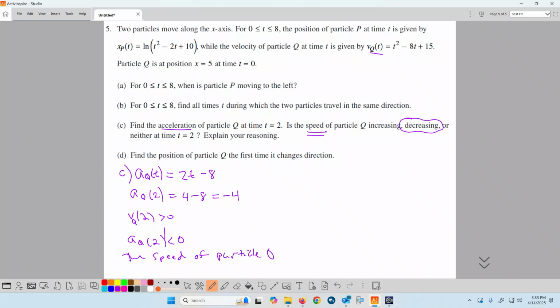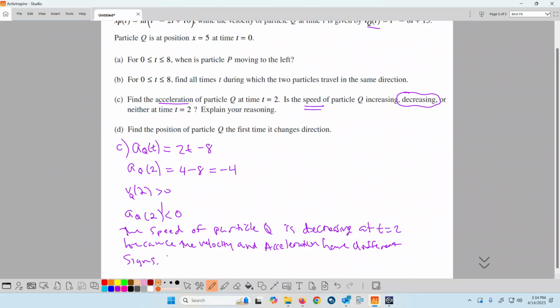The speed of particle Q is decreasing at t equals 2, because the velocity and the acceleration have opposite signs, or different signs. That'll work here. The speed of the particle Q is decreasing at time of 2 because the velocity and acceleration have different signs.